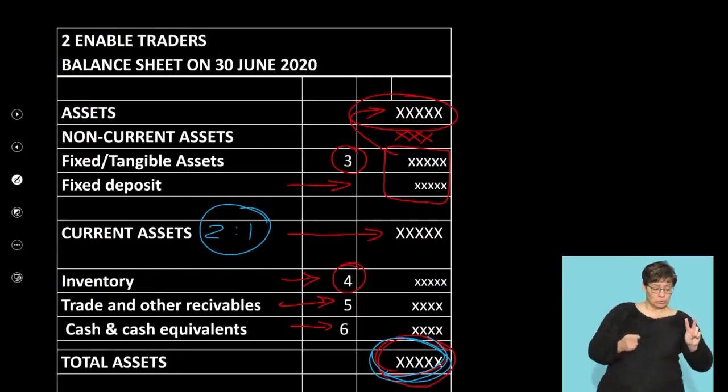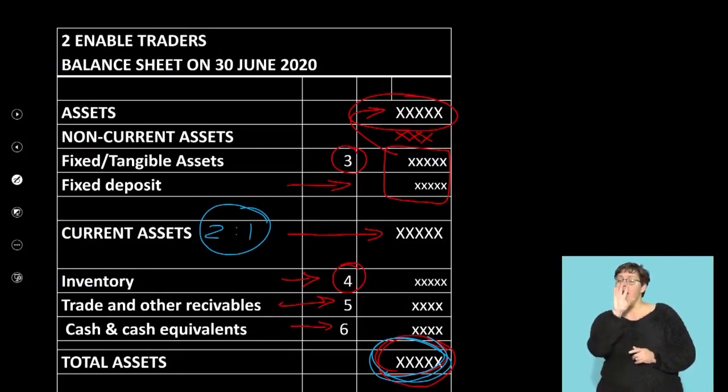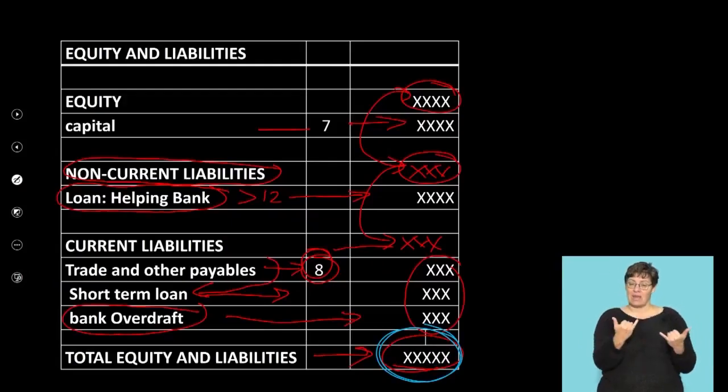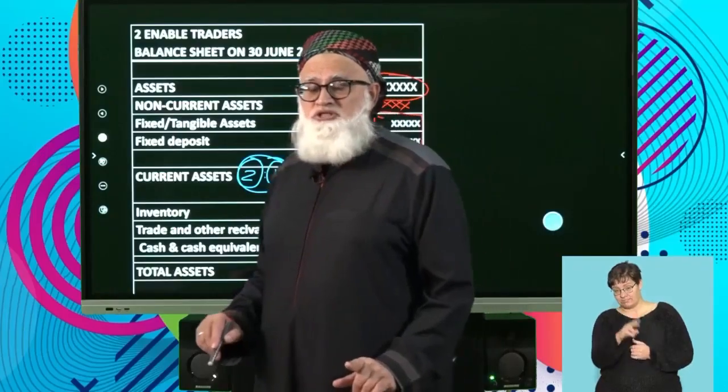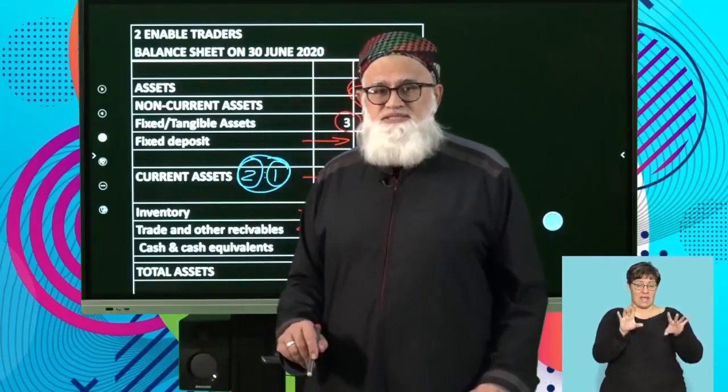You could be asked to work out your current liabilities as a missing figure. So if you are given the current assets as 2, you know your current liabilities is 1, you can use that ratio to find out a missing figure. Keep that in mind. Very, very important for examination purposes.